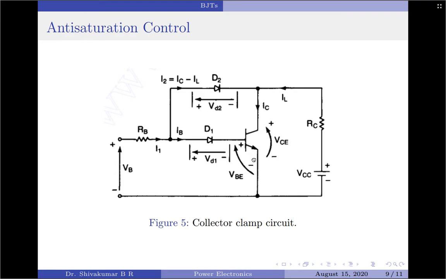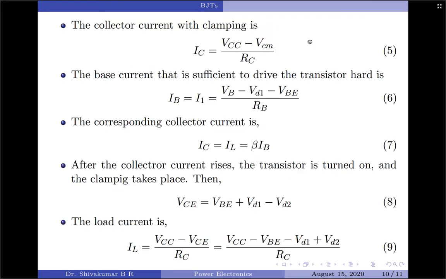This can be accomplished by clamping the collector emitter voltage to a predetermined level, and the collector current then is given by (VCC minus VCM) divided by RC, where VCM is the clamping voltage, and the clamping voltage must be greater than VCE sat.